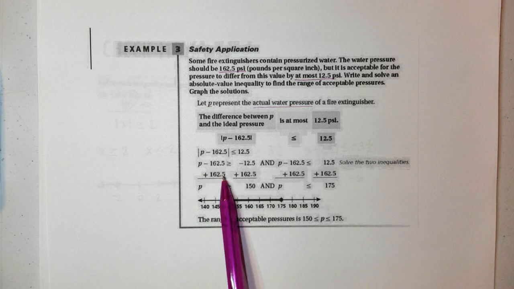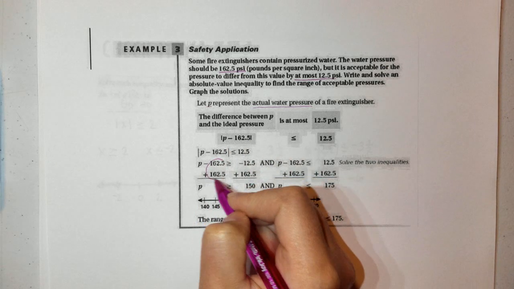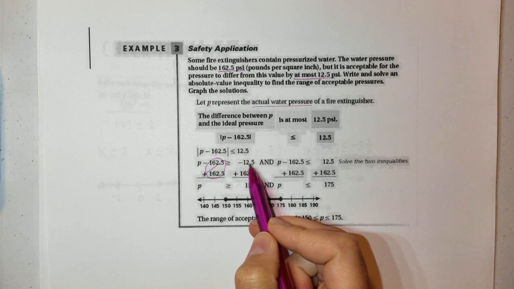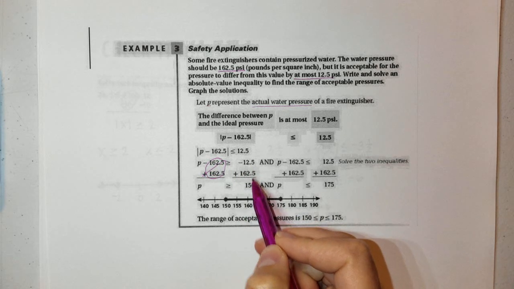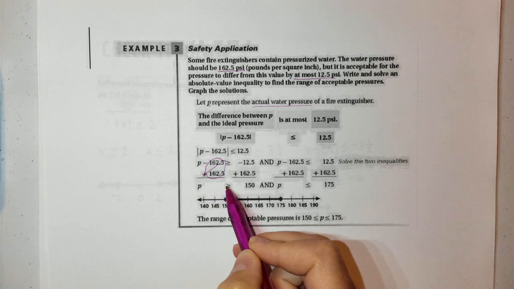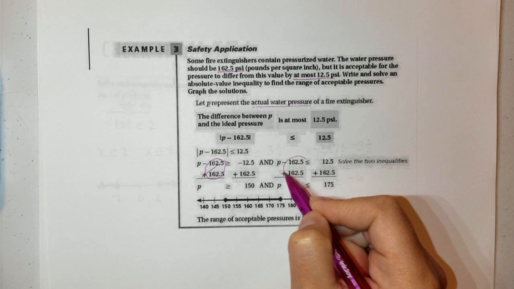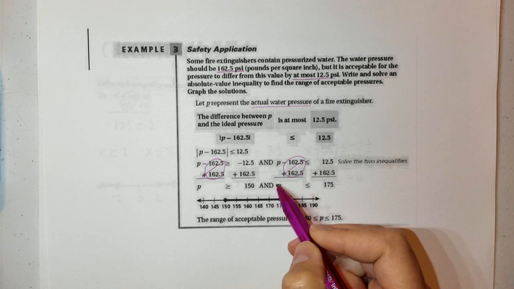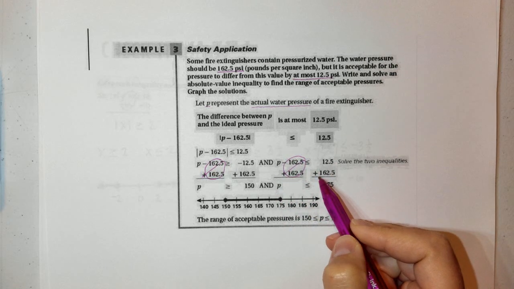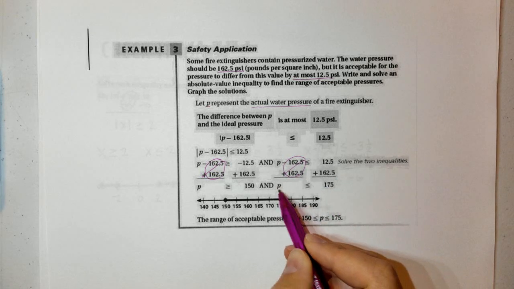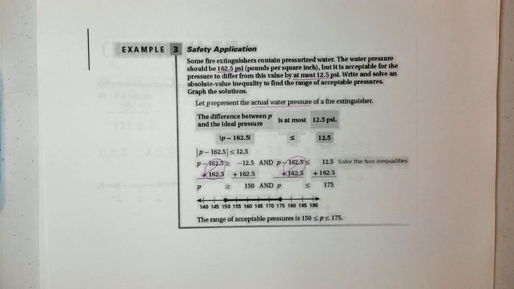You add 162.5 to both sides, so that gives you 0, so you're left with P. Negative 12.5 plus 162.5 is 150, so P is greater than or equal to 150. And then over here, add 162.5 to both sides to get P by itself. 12.5 plus 162.5 gives you 175. So P is less than or equal to 175.